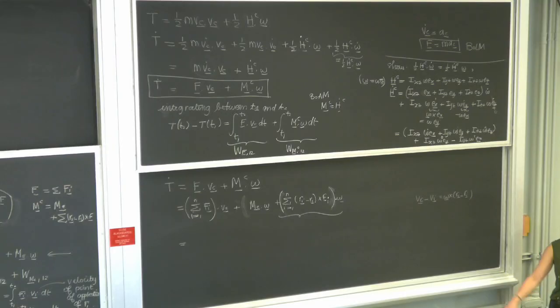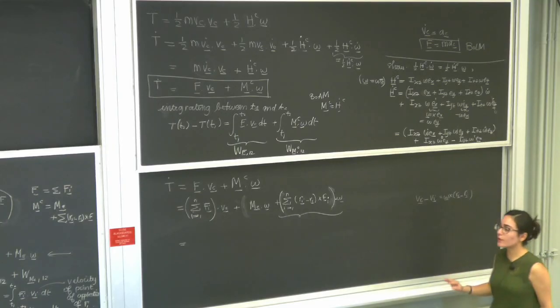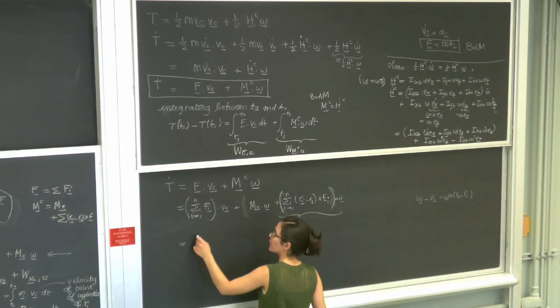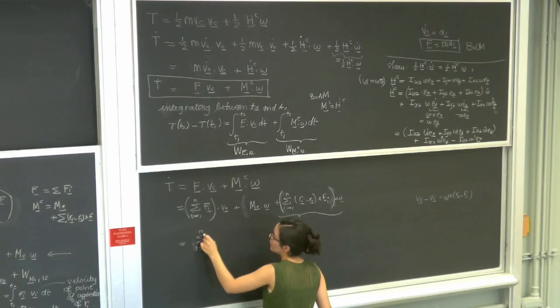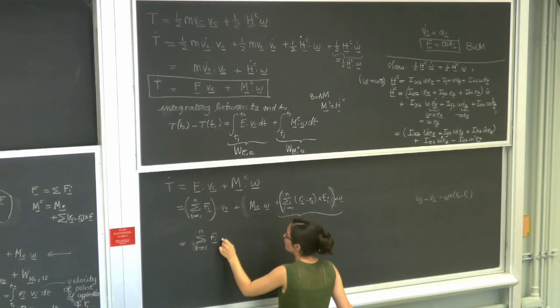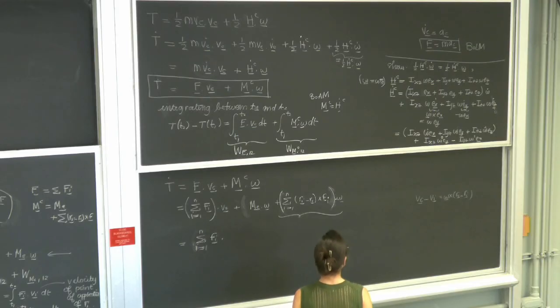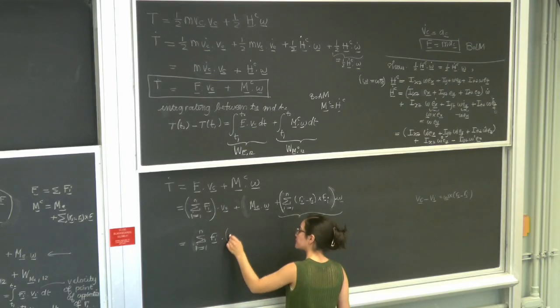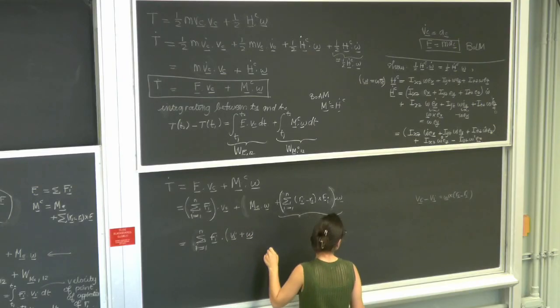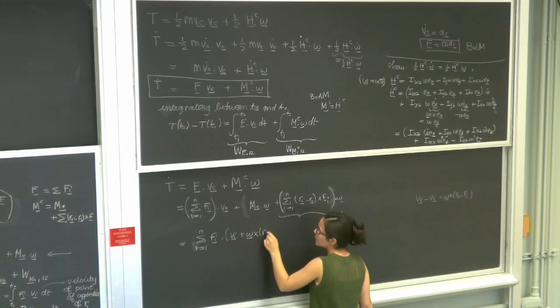Yeah, I think we can do that. That was not the way it was going to go, but we're going to try. I think it'll work. So that's the sum, i equals 1 to n, of Fi dot Vc, and instead of Vc I will put Vi plus omega cross Rc minus Ri.